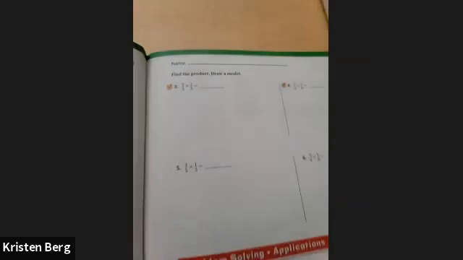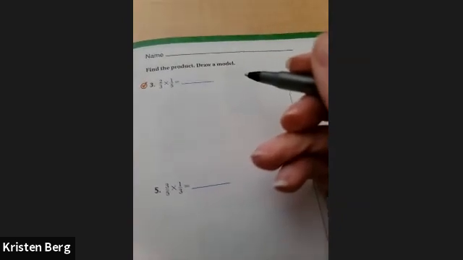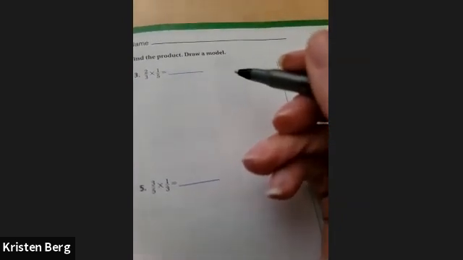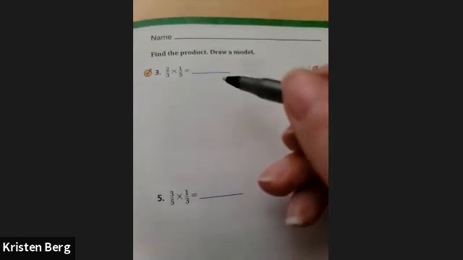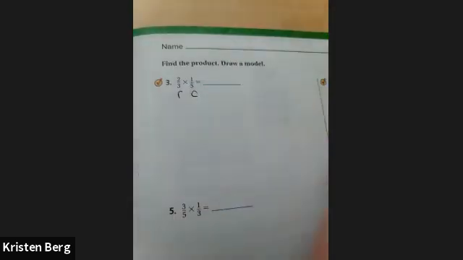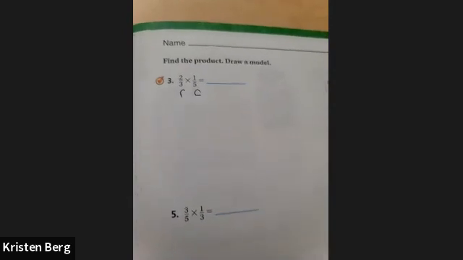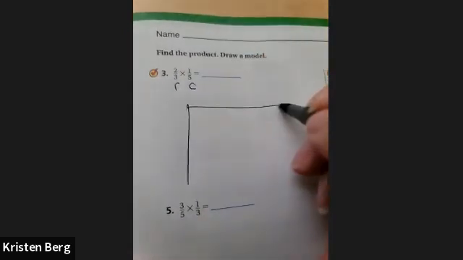All right, so we will continue. I will do a couple more with you, and then I want you guys to try it on your own. So here we go. This one says 2/3 of 1/5. So again, this is your rows, this is your columns. So you would make a rectangle.